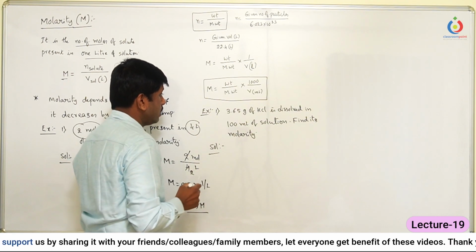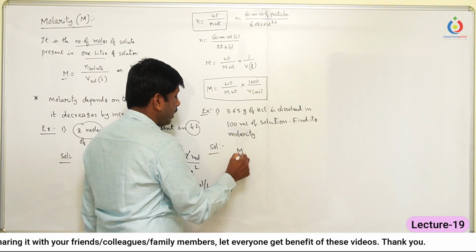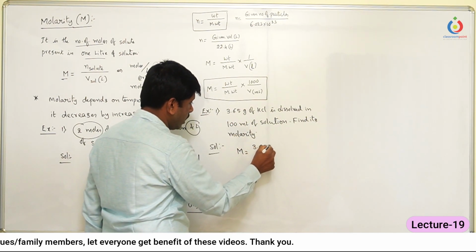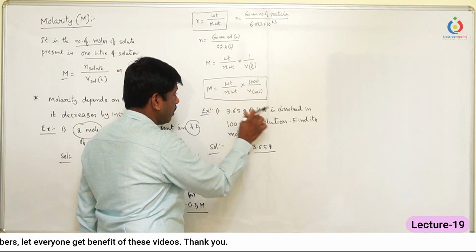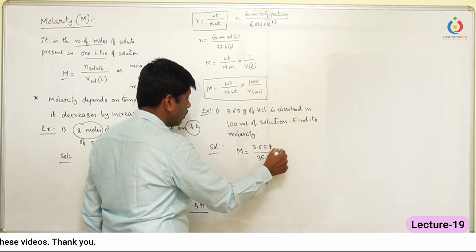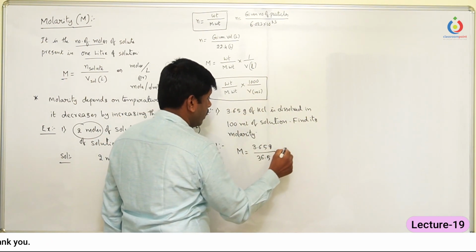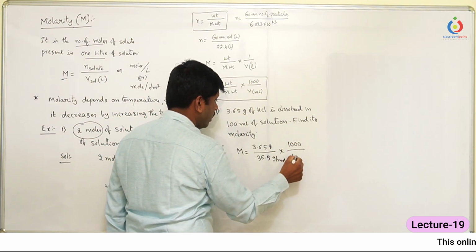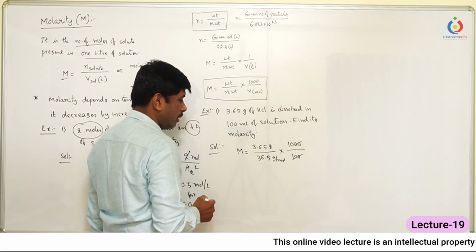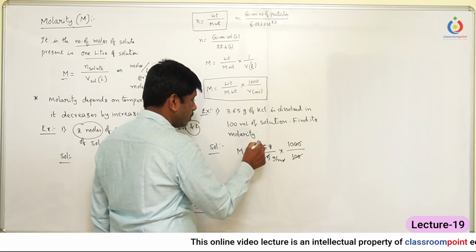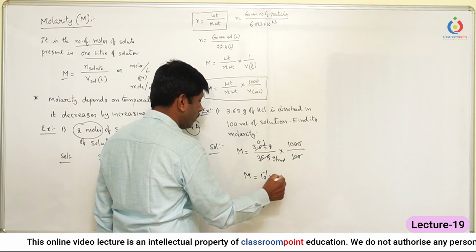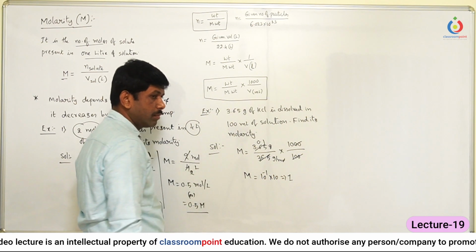So the solution for this is molarity equals given mass of the solute, that is 3.65 grams. Molecular weight of HCl is 36.5 grams per mole into 1000 by volume of the solution, given here as 100 ml. So it goes 10 times and it goes 0.1 times. So here we can write 10 power minus 1 into 10, and the value is equal to 1.